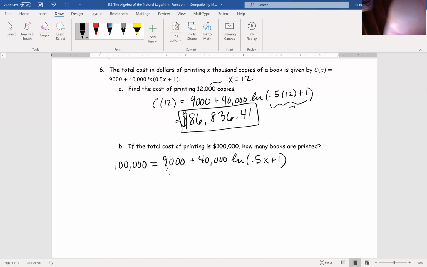So subtract 9,000, then divide by the 40,000.